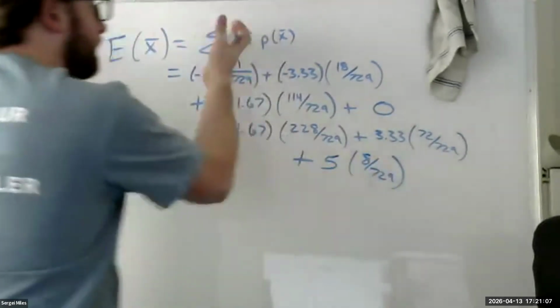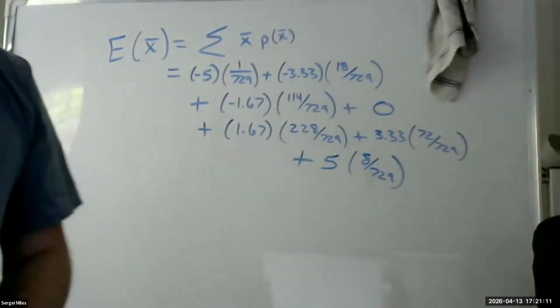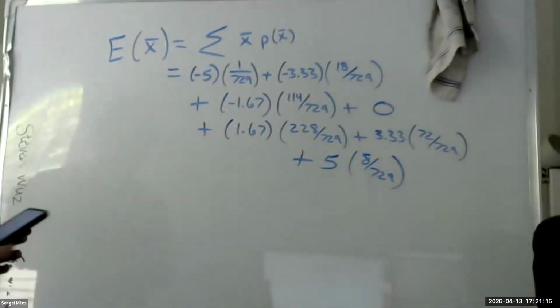All right, so I'm just using the same old expectation formula that we had from chapter 4. Take each x bar, multiply it with their probabilities.